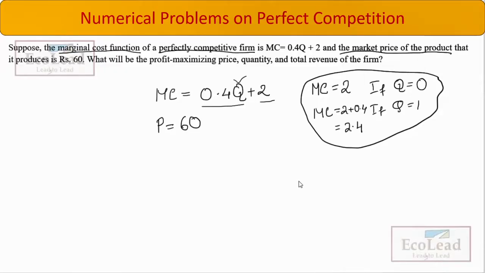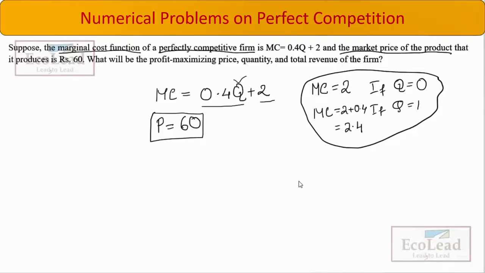If it wants to sell 50 units, then also it will charge 60 rupees per unit. If the firm wants to sell 70 units, then also the firm will charge 60 rupees per unit. Why? Because this 60 rupees is nothing but the market prevailing price that was determined by the equilibrium point of market demand and market supply.